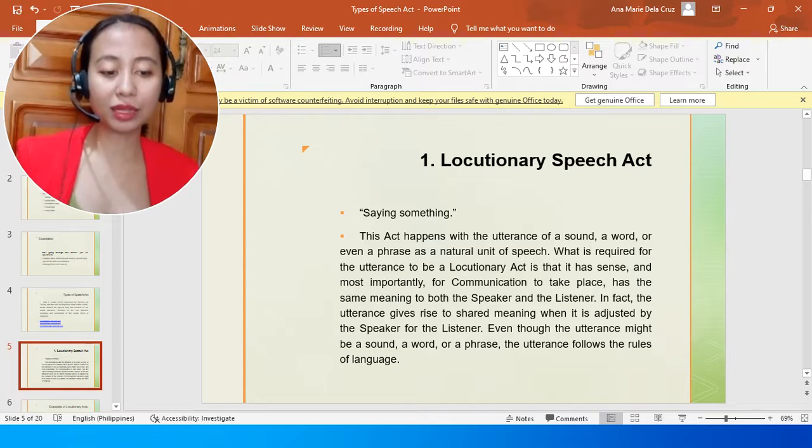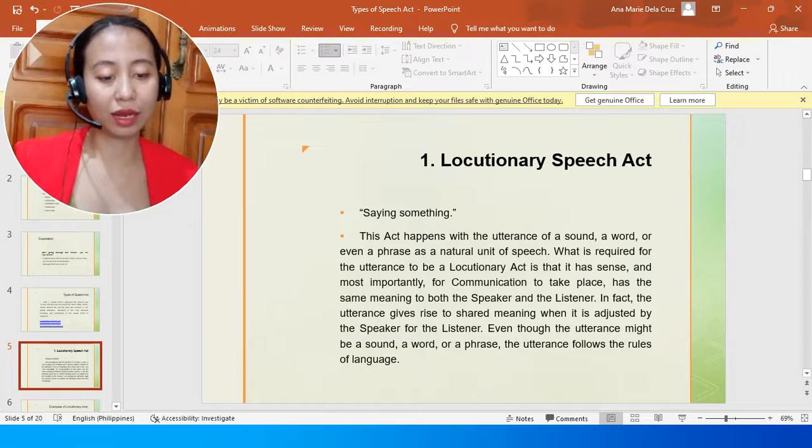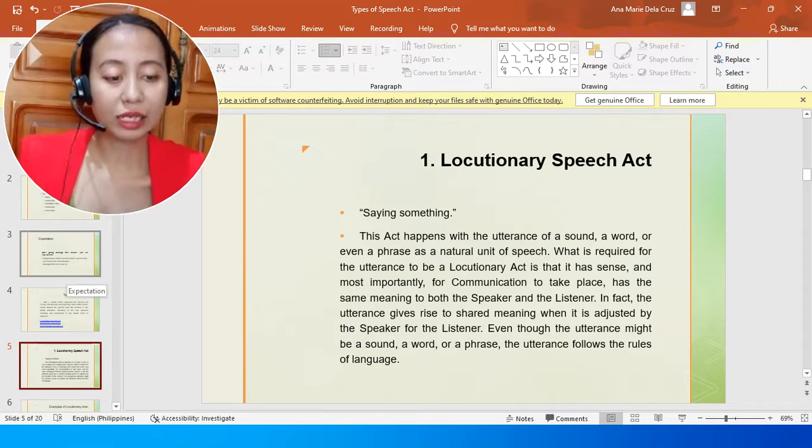And most importantly, for communication to take place, it has the same meaning to both the speaker and the listener. Okay? If the listener doesn't understand the message, therefore, that is not a locutionary speech act. The speaker and the listener should both understand the meaning. Okay? In fact, the utterance gives rise to shared meaning when it is adjusted by the speaker or the listener.